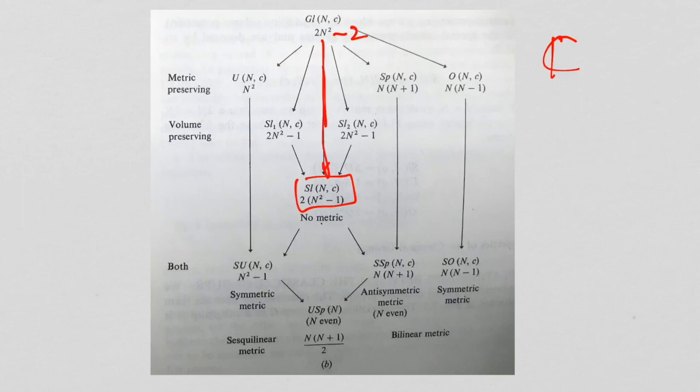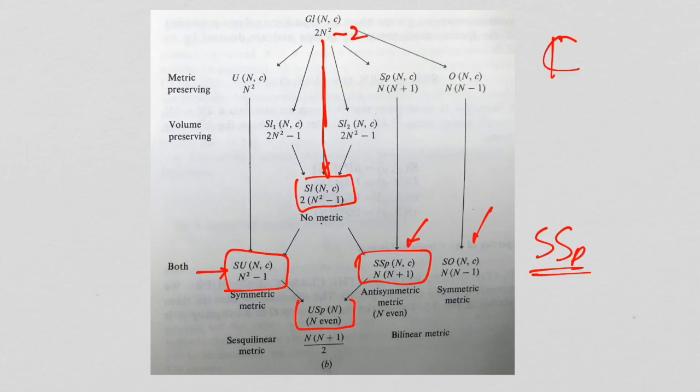But then you have the volume preserving groups that are metric preserving, and that's the special unitary group of the complex numbers, the special symplectic group, either as I show you, SSP, and the special orthogonal group. And then the intersection of the special unitary group and the special symplectic group gives you the unitary symplectic group.